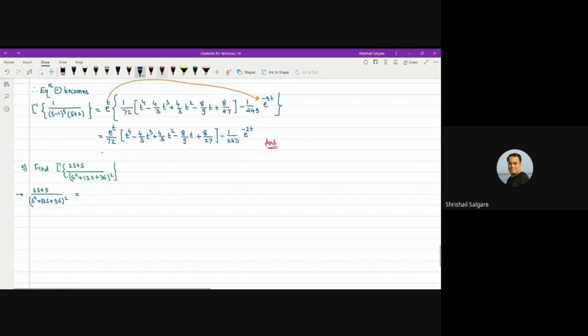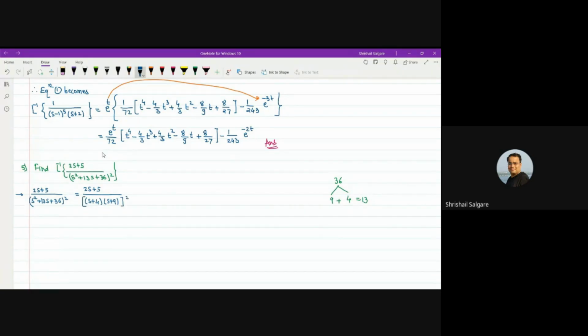Now that is a quadratic expression, and this 36 can be split as 9 and 4. Their product is 36 and their sum is 13. This can be written as 2s plus 5 divided by, the two factors are given by s plus 4 and s plus 9 to the whole square.